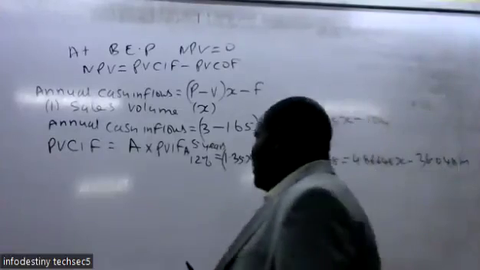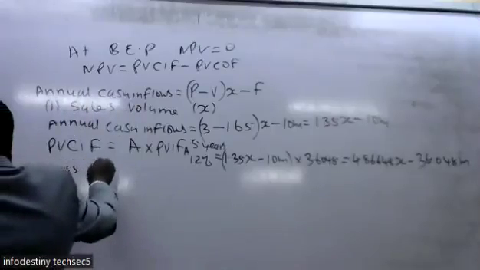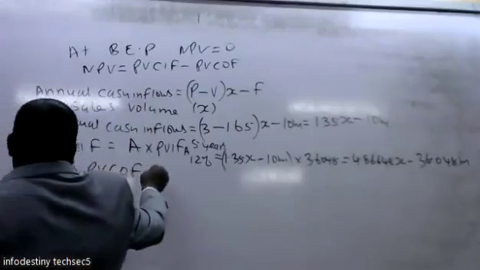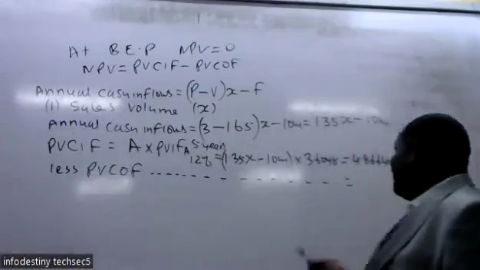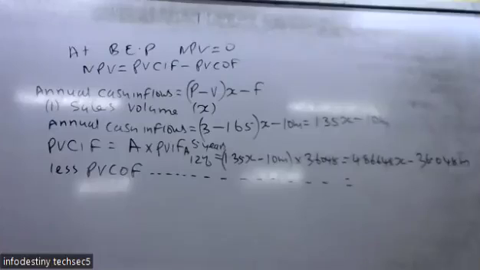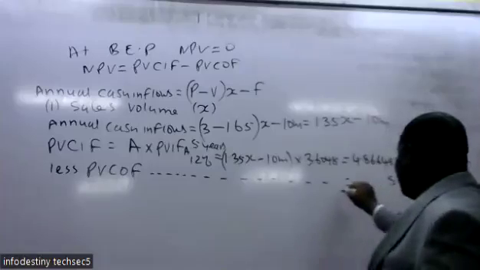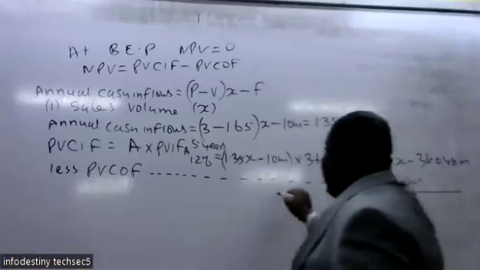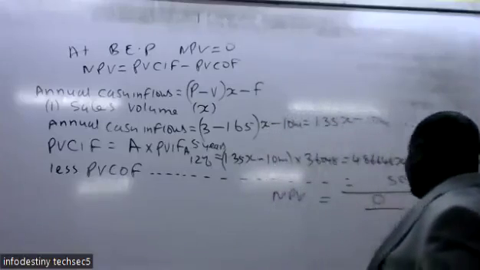Then we now less the present value of the cash outflows, which is the initial cost of the project. It was costing 50 million. When we subtract the 50 million, we get NPV, but that NPV must be 0.